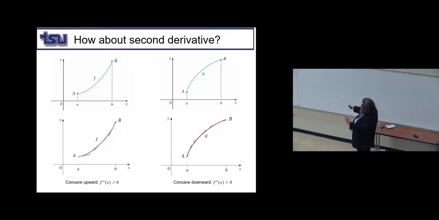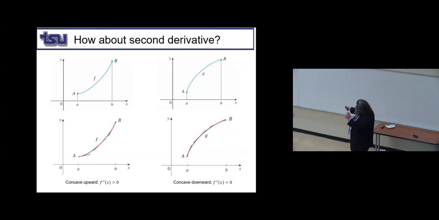So the first derivative is positive but small here, and then the slope is increasing, so the derivative is getting larger, and then the slope gets even steeper, so the derivative gets even larger. So in this case, we can see that the derivative of f is increasing, which in other words means that the second derivative, the derivative of the derivative, is positive.